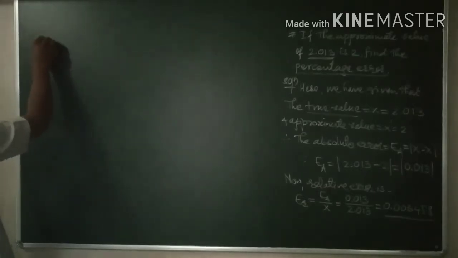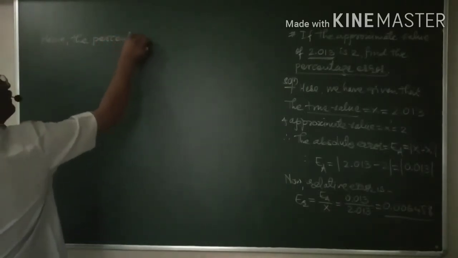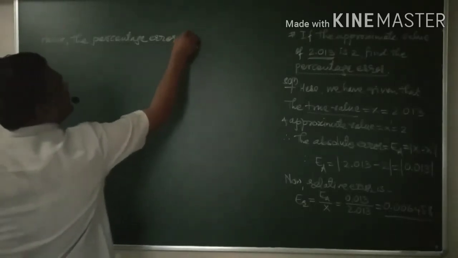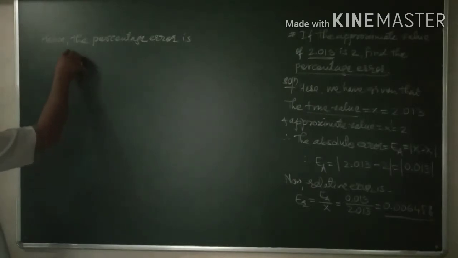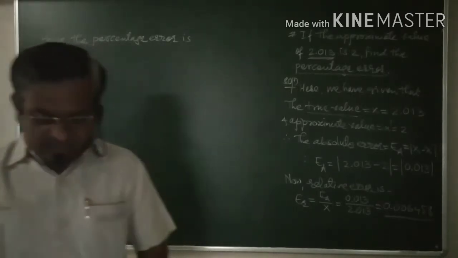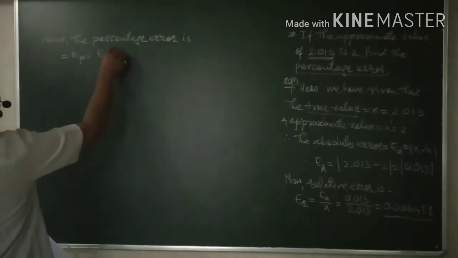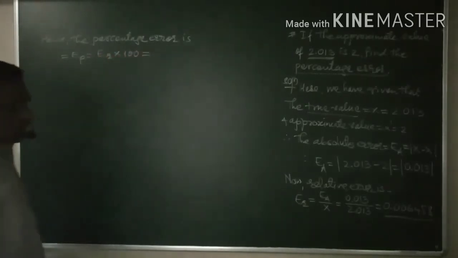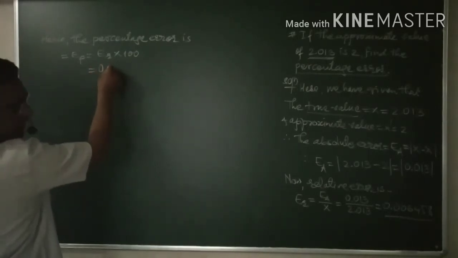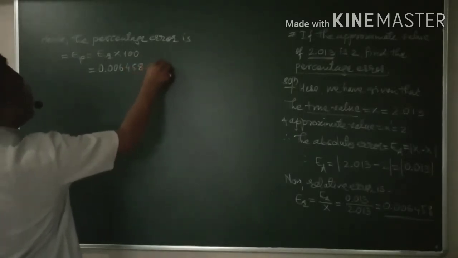Hence the percentage error EP, and the formula for percentage error is EP equal to ER into 100, which is 0.00645 into 100.